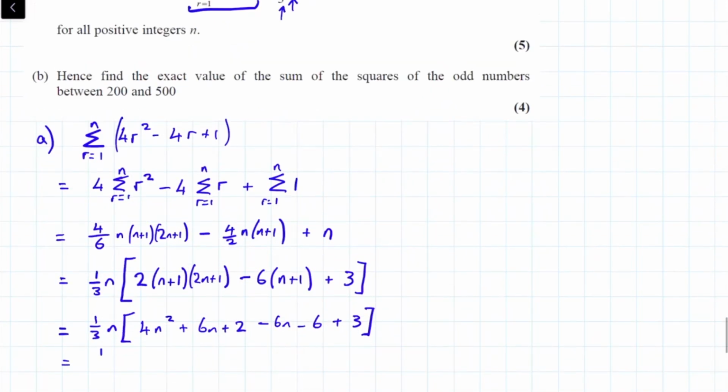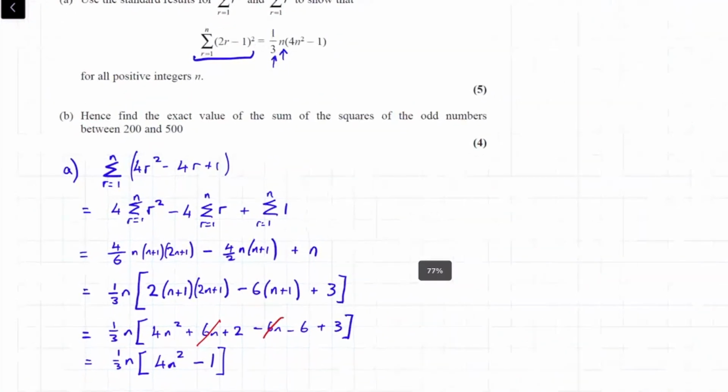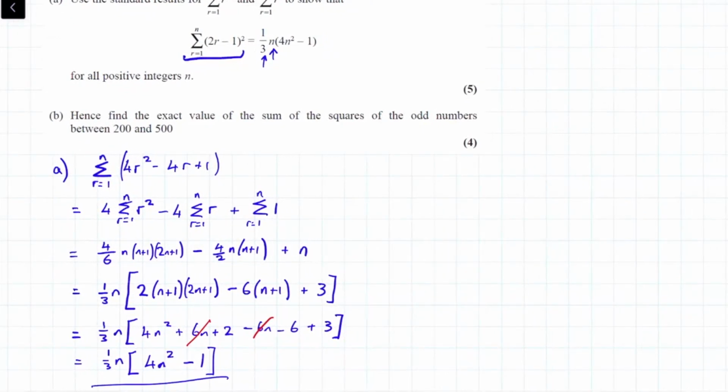And that gives us 1/3 n. That and that will disappear. 4n squared is left. We've got 2 minus 6 plus 3. That is minus 1. That is what we were looking for. So that is part A done. We've proved the formula that we were supposed to.